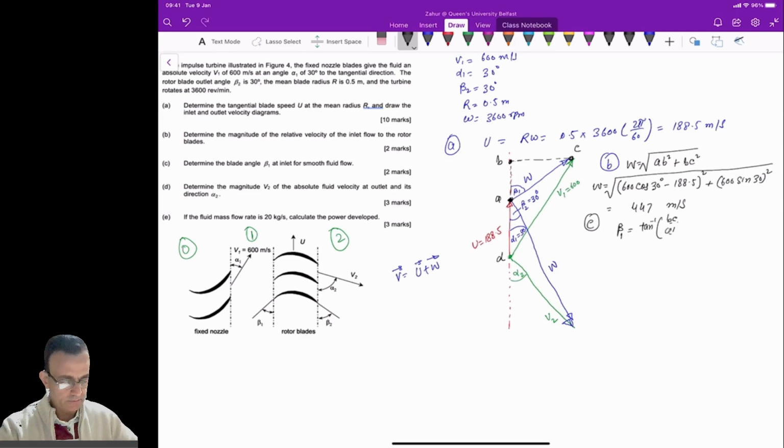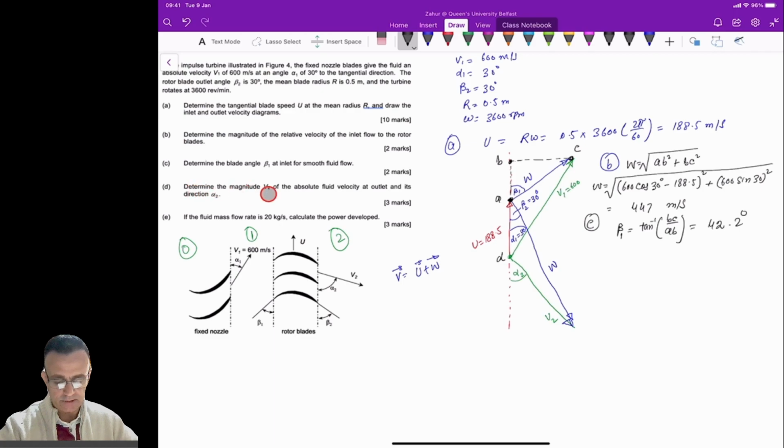So you will just put the values again here, and from here you will get the value of this beta 1, which will be 42.2 degrees.